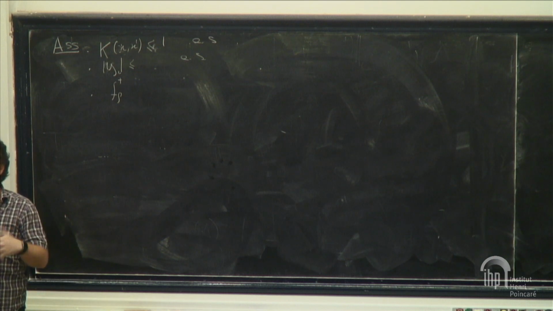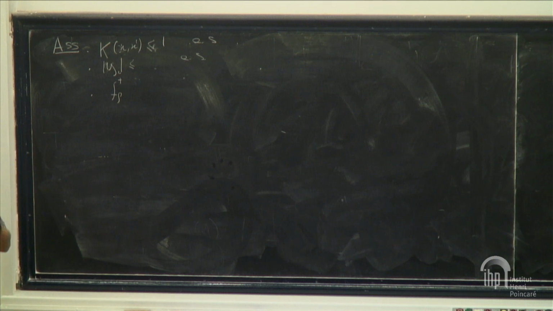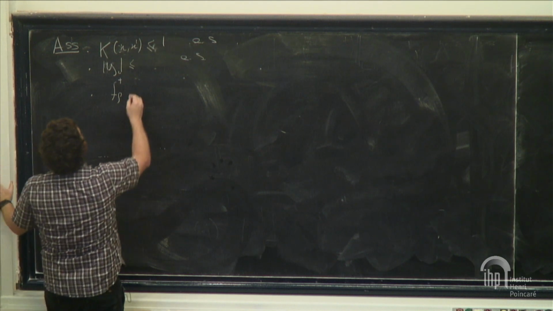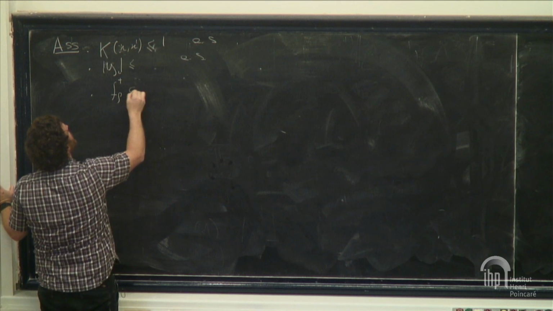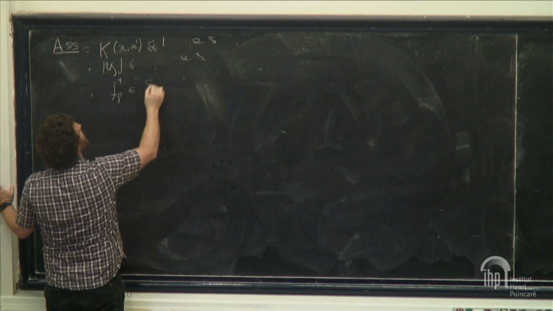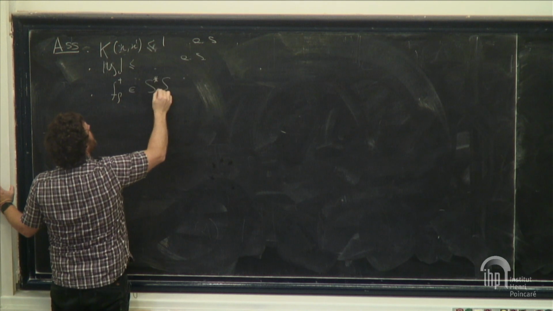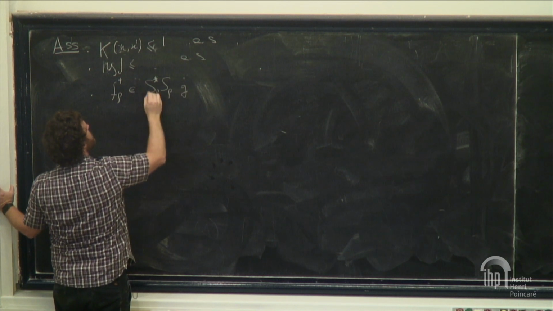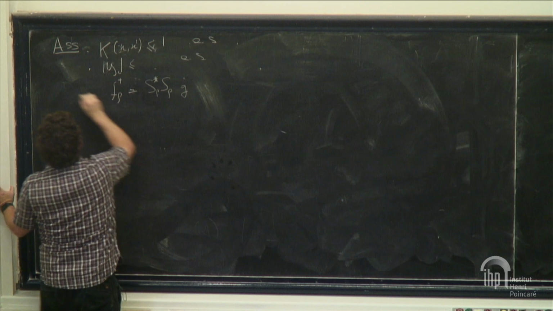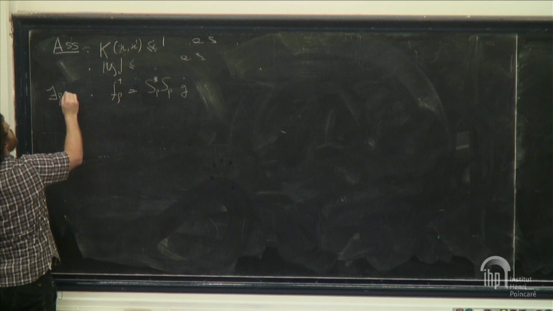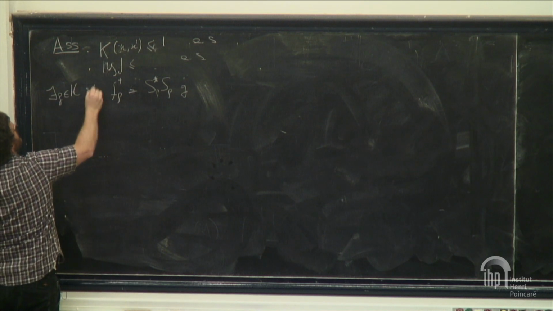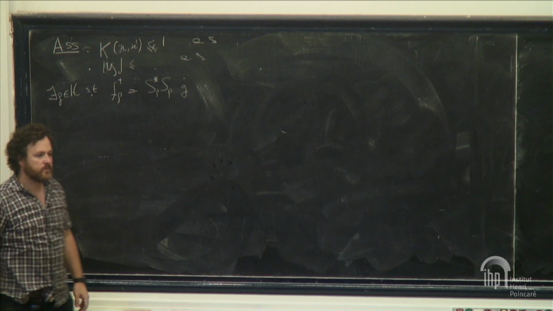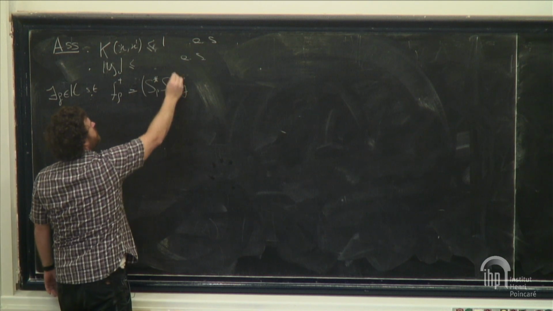And this will be enough to prove some kind of convergence, but it will not be enough to prove convergence rates. For convergence rates, we're basically going to assume that some condition of this form exists. Okay? So there exists a g in H such that this is true. What does this mean?